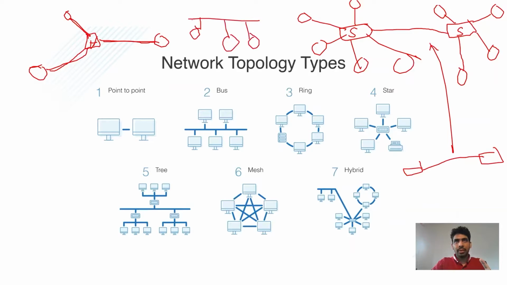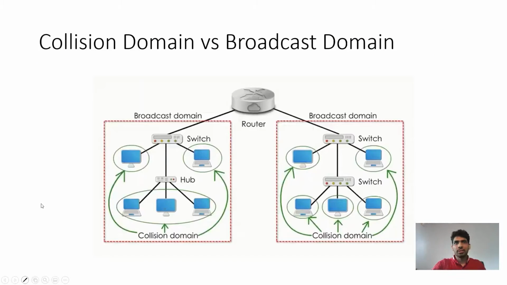The hub will be like a single medium, so it will be a bus topology. We don't usually see other types of topologies now, like the ring topology, which is rarely seen these days in modern networks.